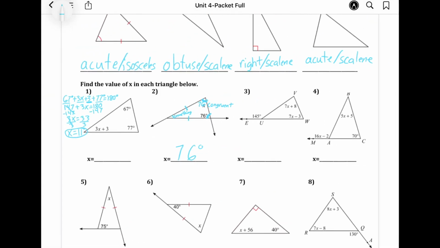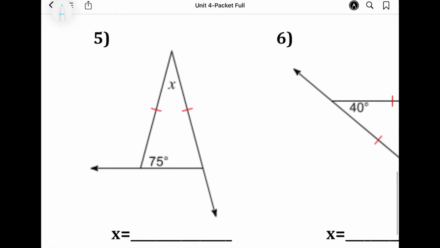Now let's test that knowledge a little bit further. Let's go to number 5. Again, these 2 tick marks tell you that these lines are congruent. That means the angle they create is going to be something, but the other 2 angles are going to be the same. So if one is 75, the other one has to be 75.